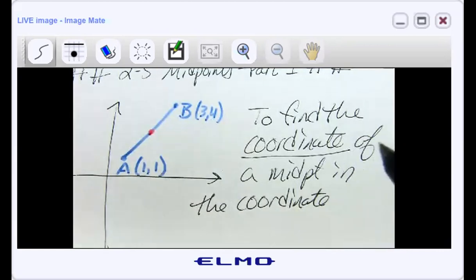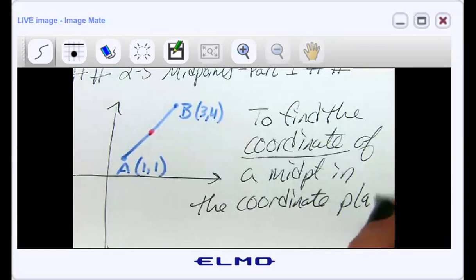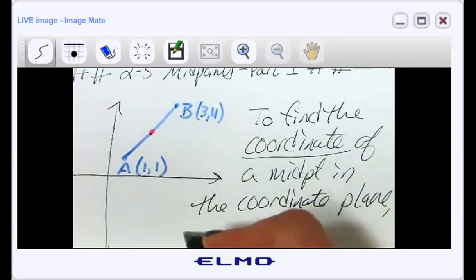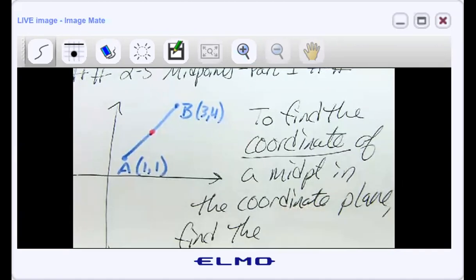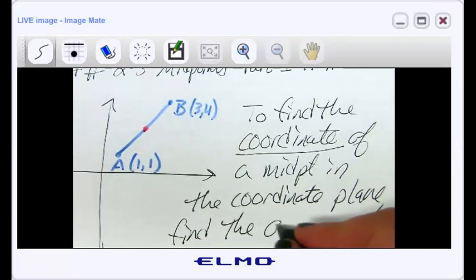I'll tell you. I was just curious if anybody had any guesses. To find the coordinate of a midpoint in the coordinate plane, are you ready for this? You're going to find the average of the endpoints.